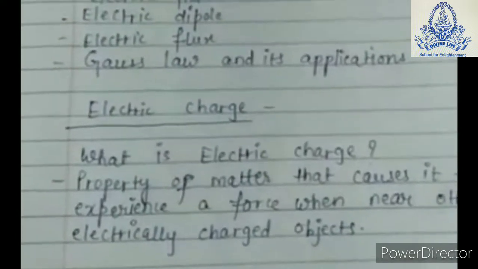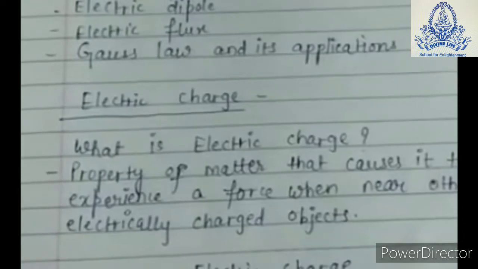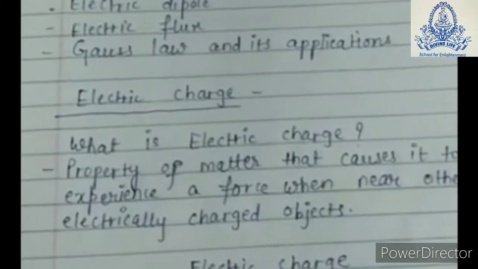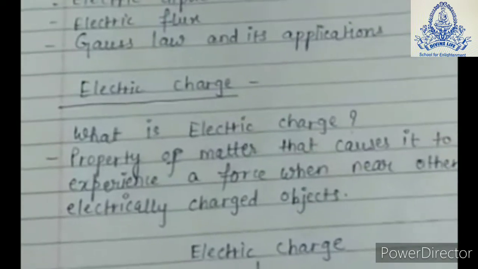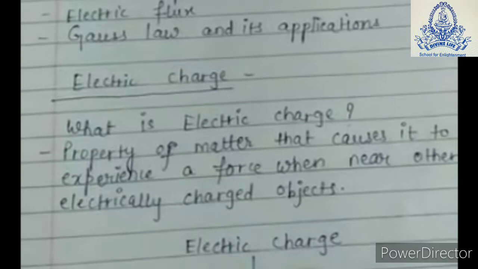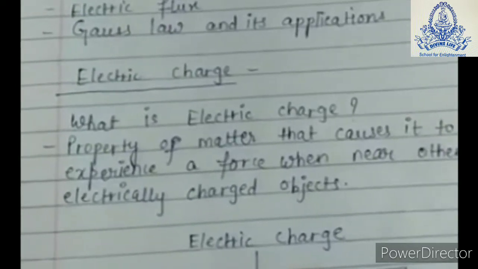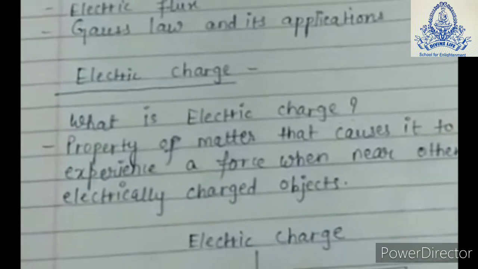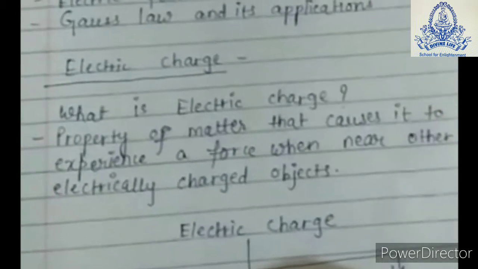Anything that we see around us, anything that occupies space is matter. So any object, any matter is made up of molecules, which are internally made up of atoms, then protons, neutrons, electrons, and the same thing, right?